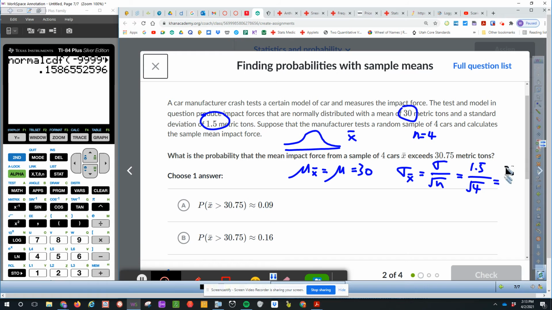Now, root 4 is 2, isn't it? 1.5 divided by 2 is, nope, 1.5 divided by 2 is 0.75. Right, 0.75.